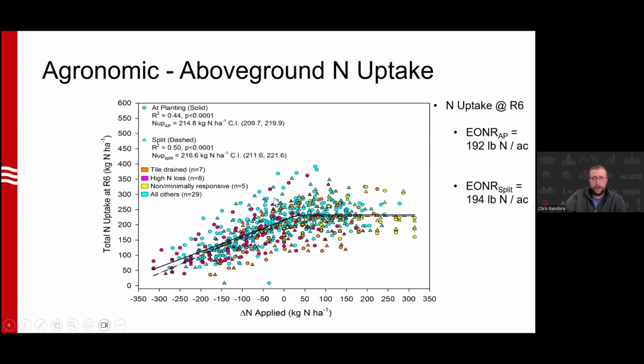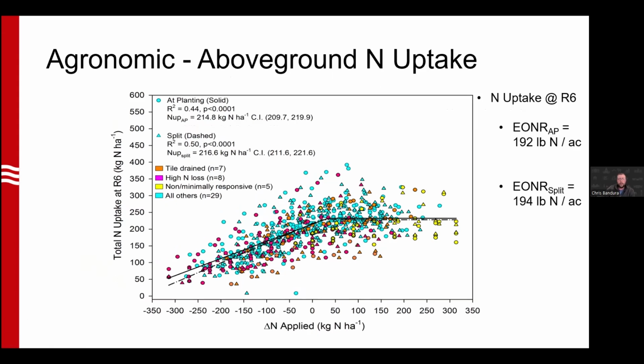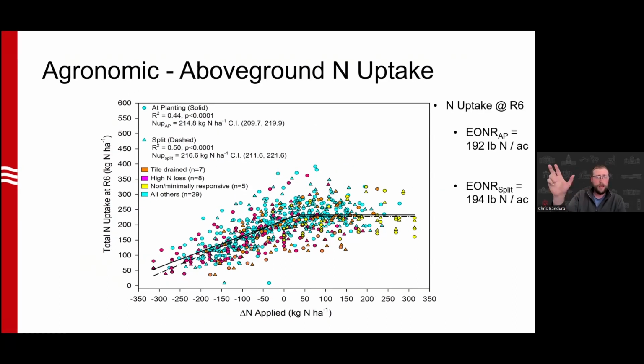Let's talk color coding really quick because this is going to show up on a few subsequent slides. Throughout some of this analysis, we saw that certain clusters of sites were behaving a little bit differently than the majority of the locations that we had. And so to call them out here, we had some tile drain sites. Those are indicated by orange. We had sites where we documented in-season N loss, a high amount of in-season N loss.